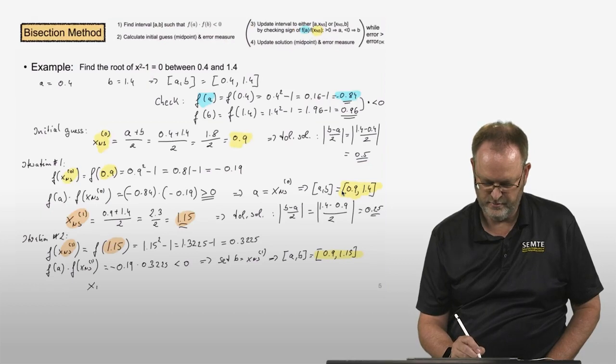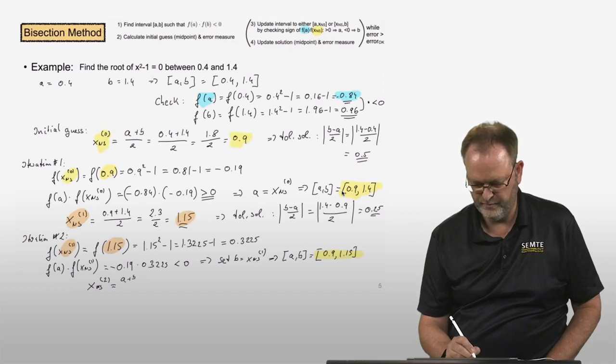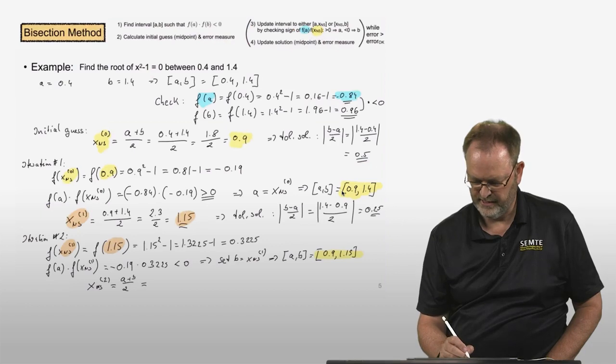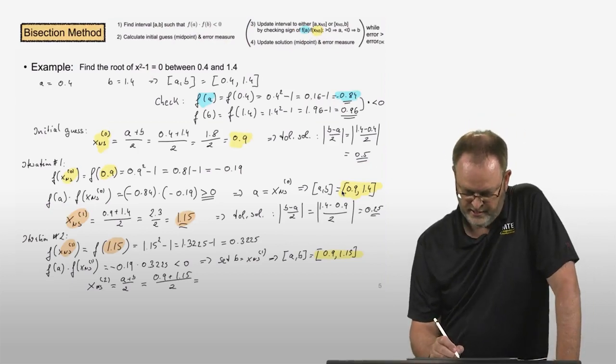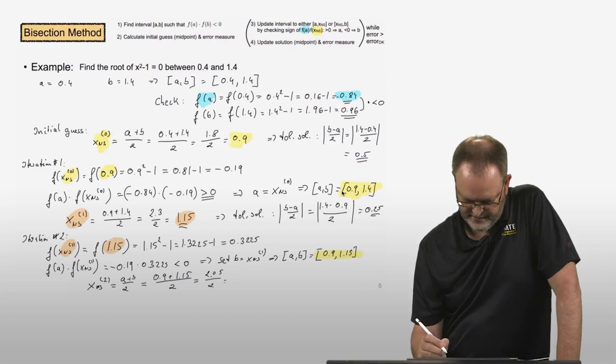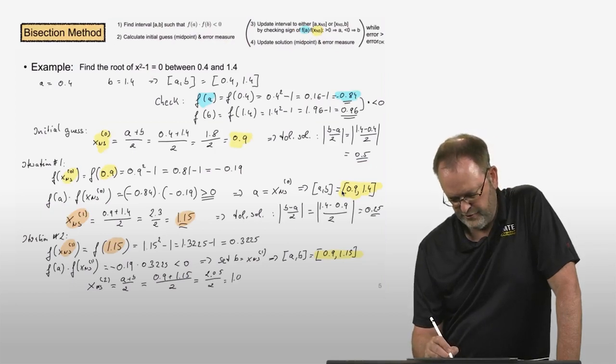So x numerical solution 2 is equal to the midpoint, a plus b over 2. That's equal to 0.9 plus 1.15 divided by 2, which is 2.05 divided by 2, equal to 1.025.